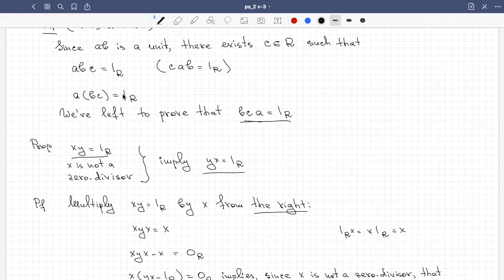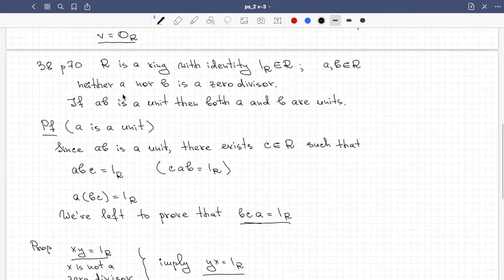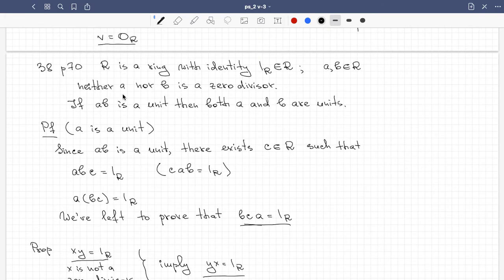It is similar about B. I will not do that. With appropriate changes, you use this one, you change everywhere right to left, left to right, and prove that B is also a unit in the ring.